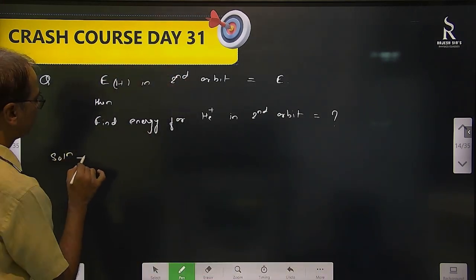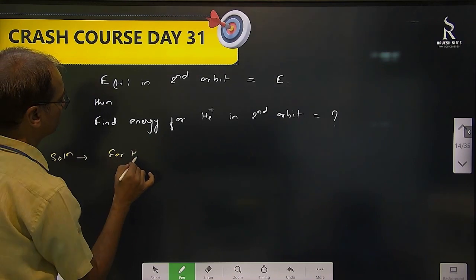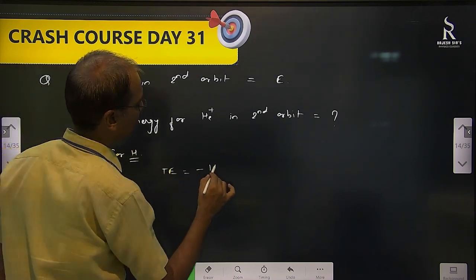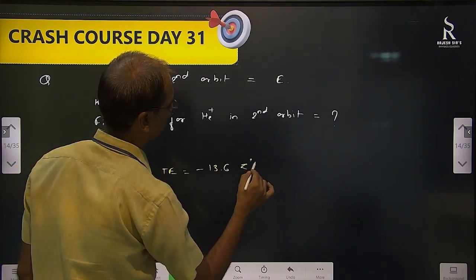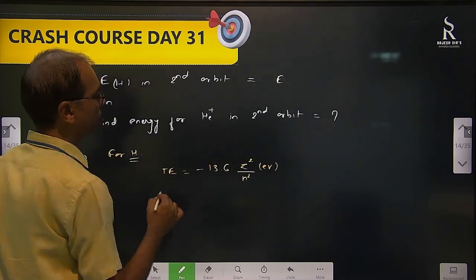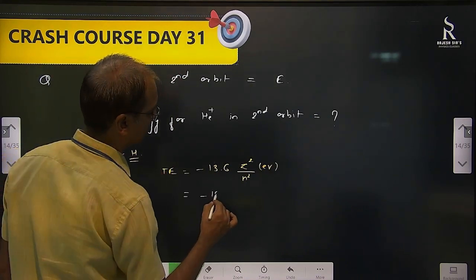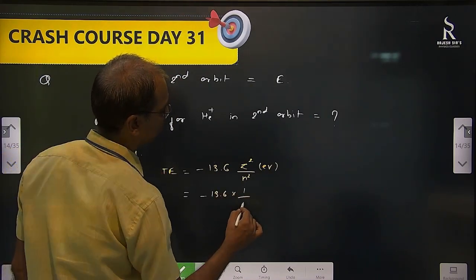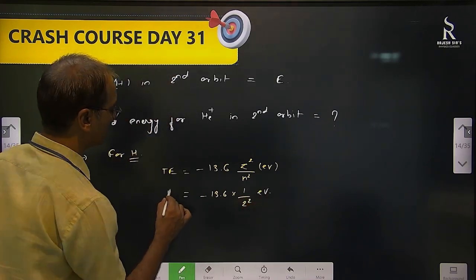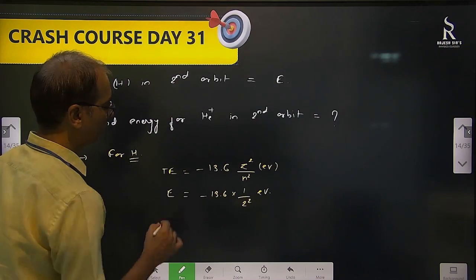For hydrogen first, we know that total energy we write as minus 13.6 Z square by n square eV. When we are talking about hydrogen, that is minus 13.6 into 1 by 2 square, and this is what we are calling E, given.